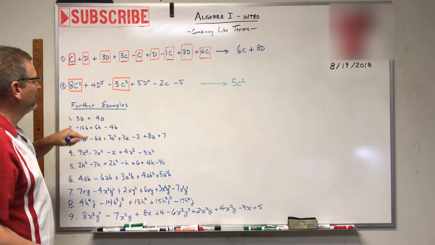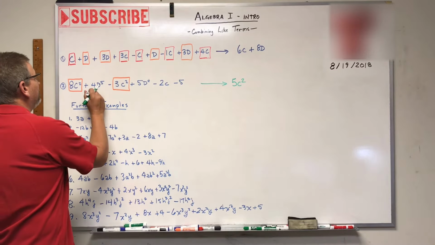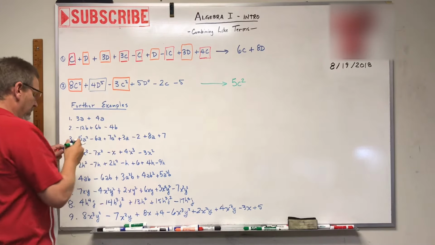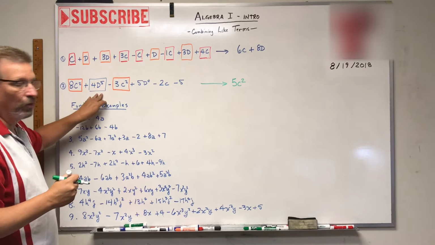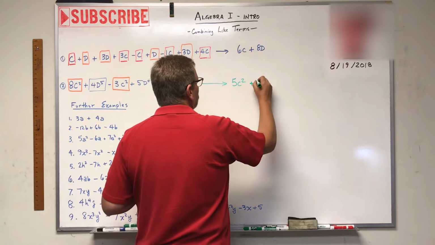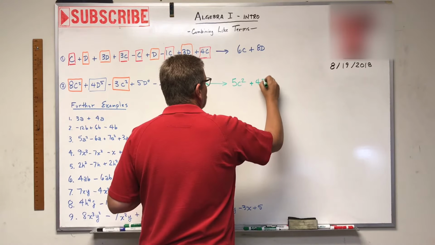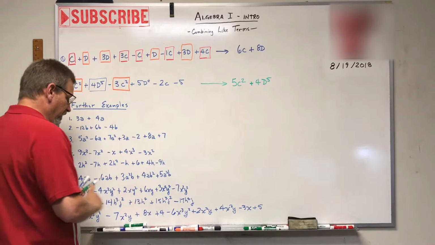Now we have the d's. Here's a d to the 5th. Do you see any other d to the 5ths there? Uh-oh, I don't see any more. So I've just got 1 there. So plus 4 d to the 5th. That's the only one there is. Let's see.